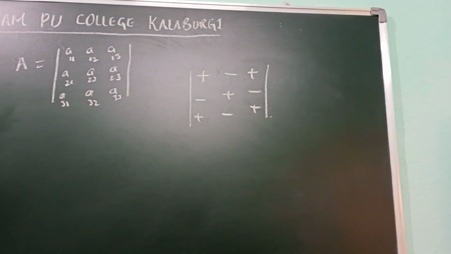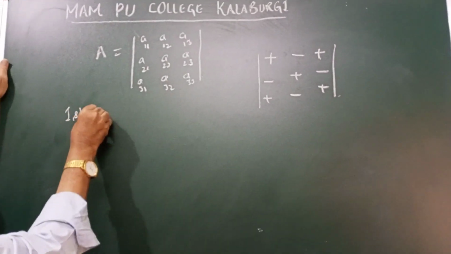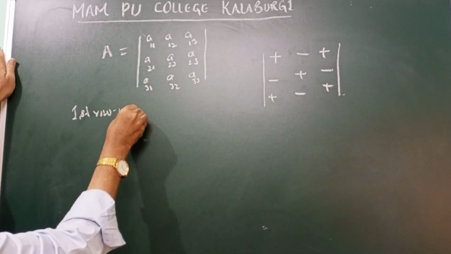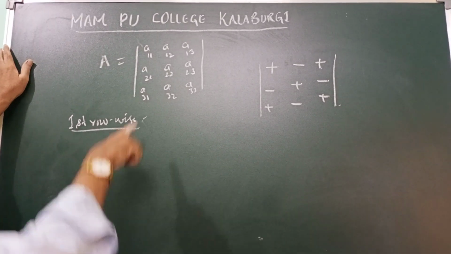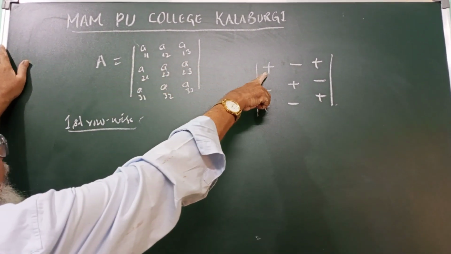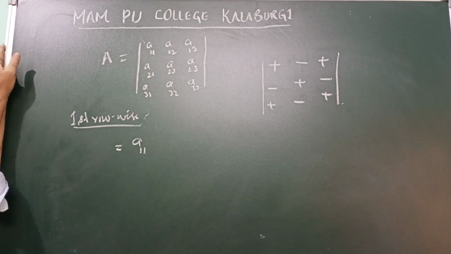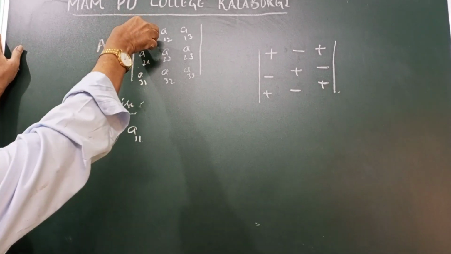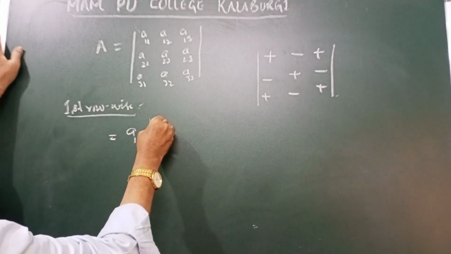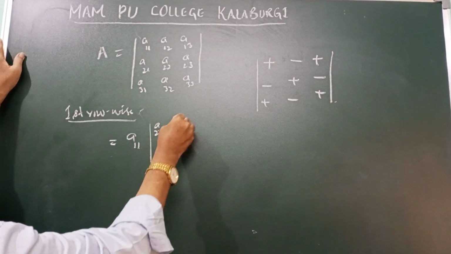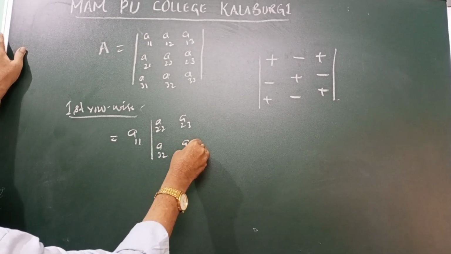Look here. Now we want the first row wise expansion. To expand first row wise, we see that there is a plus sign, so we take plus sign for this. We delete the column and delete the row. What remains is A22, A23, A32, A33.